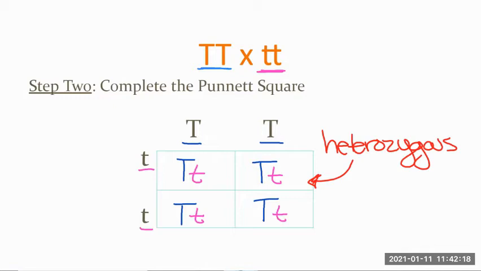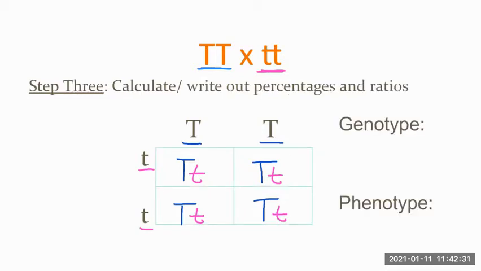The next step is now to take that information that you created and to put meaning behind it. What the heck does all of this mean? So we're going to calculate and write out percentages and ratios. Percentages first. We are calculating the percentage of how many of each we have.